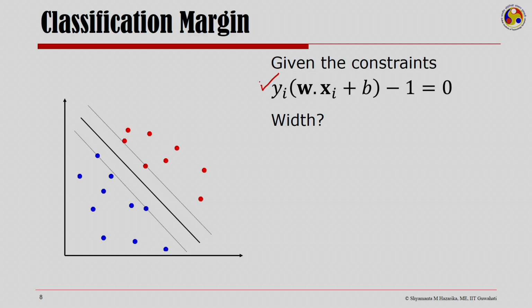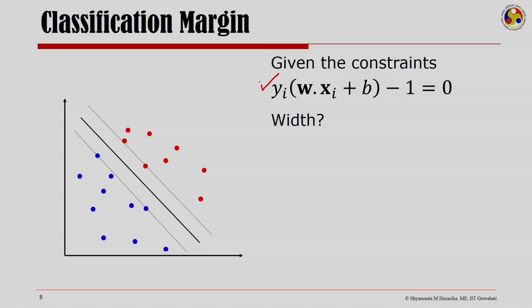Now, given this constraint, what is the width that I can get on the classification margin? In order to get this, we again fall back to looking at the support vectors, or the samples that lie on the boundary.